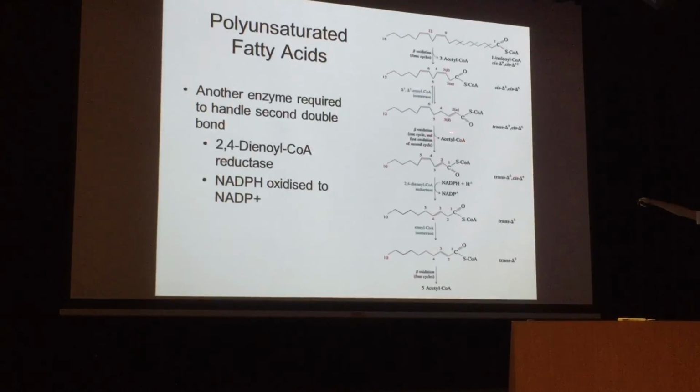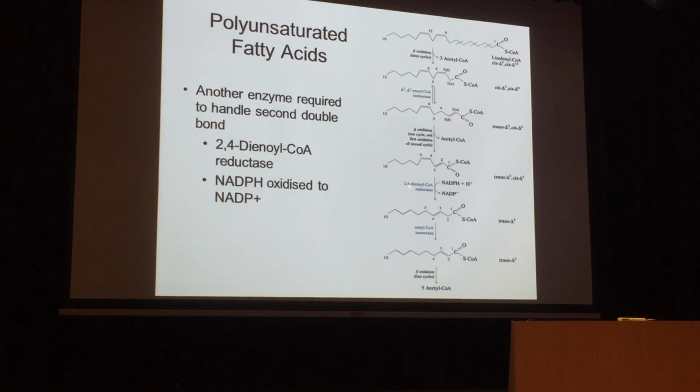Then you can produce acetyl-CoA. But when this acetyl-CoA is removed, you've got another problem. Over here, it is not in the right configuration again. So then we have another enzyme to help us out a little bit.